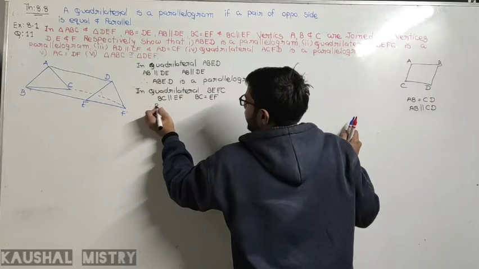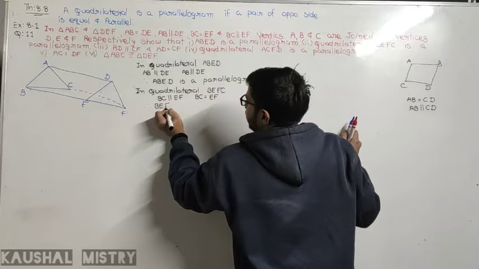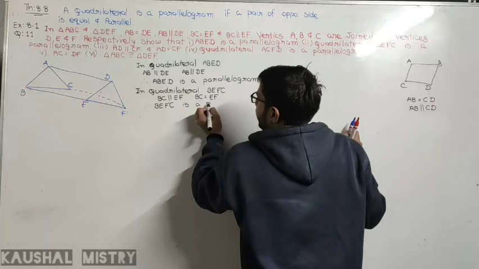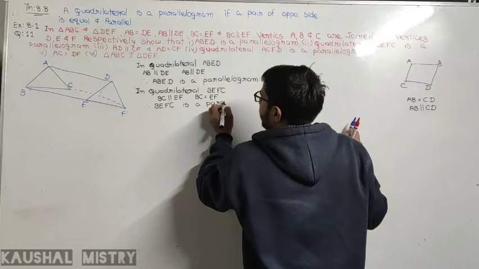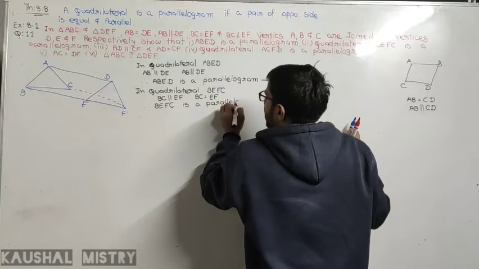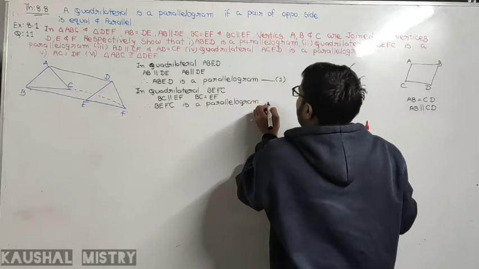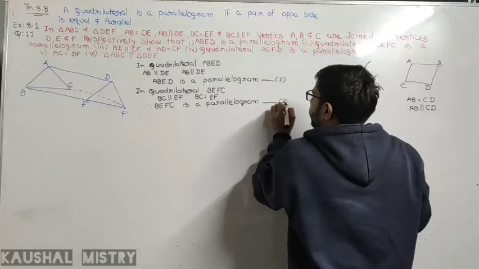That means BEFC is a parallelogram. This will be our result number 2.